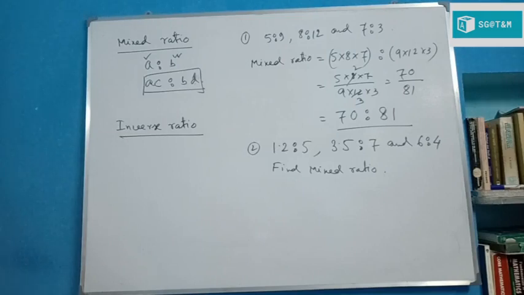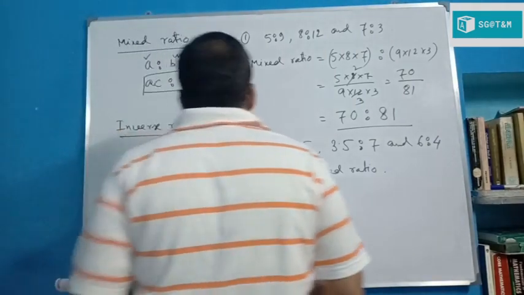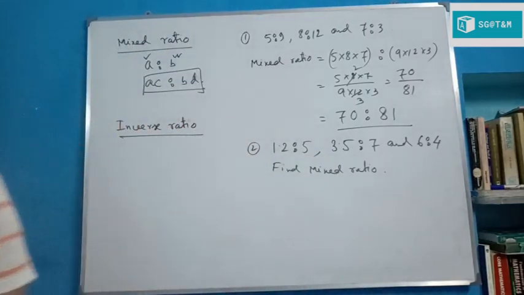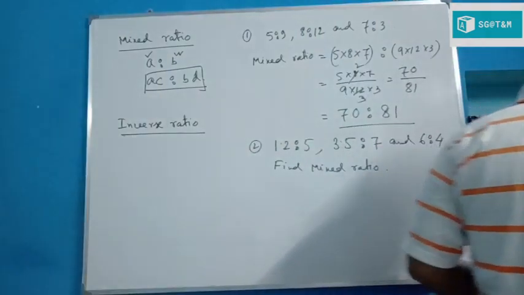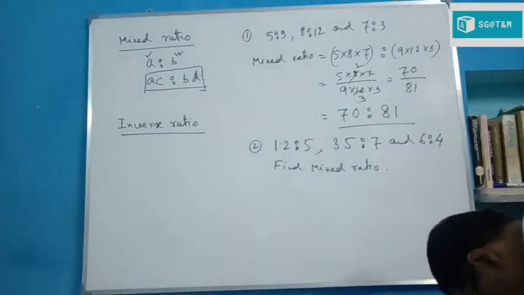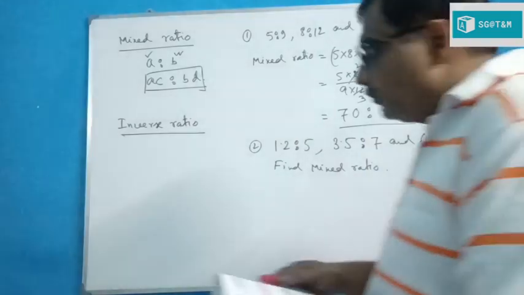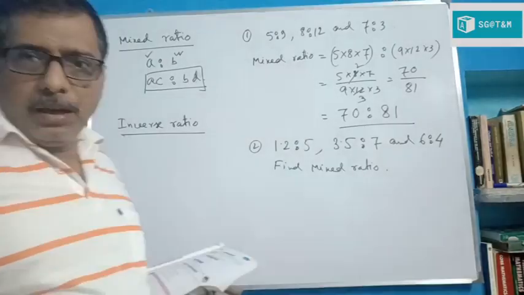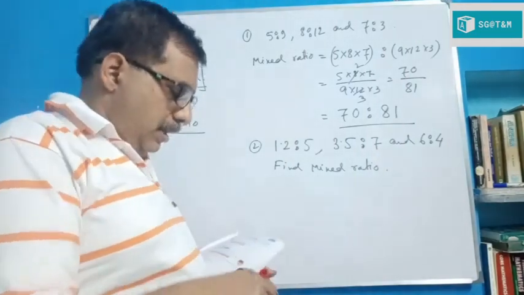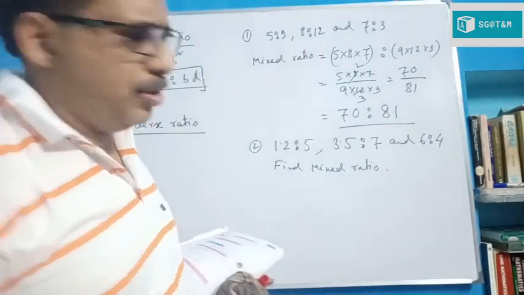It is again easy. Inverse ratio is nothing but just take the reciprocal. Then you get the inverse ratio.